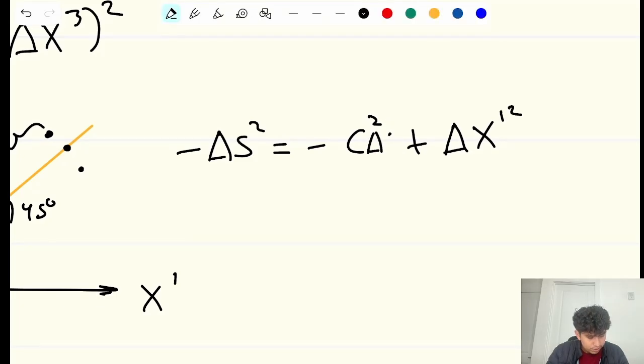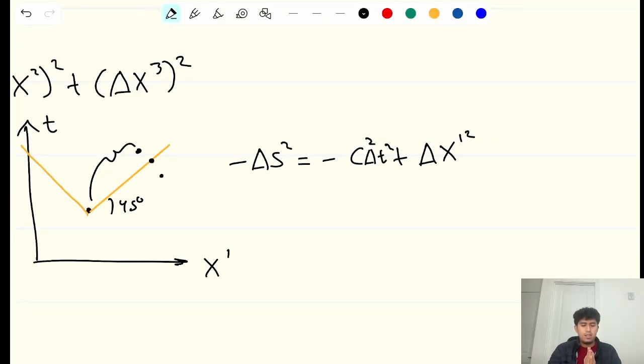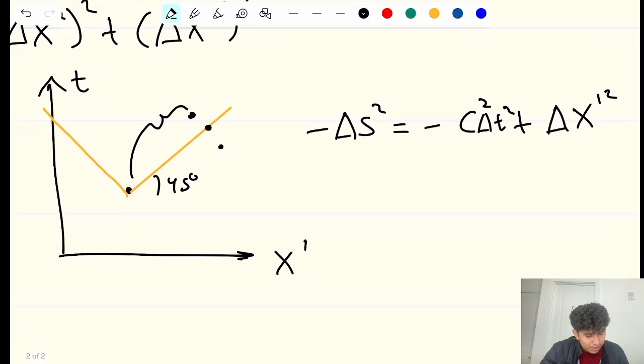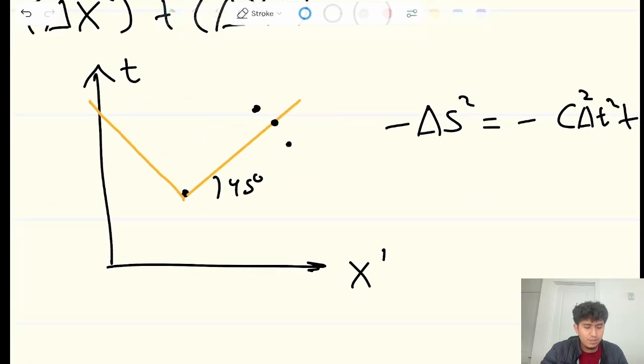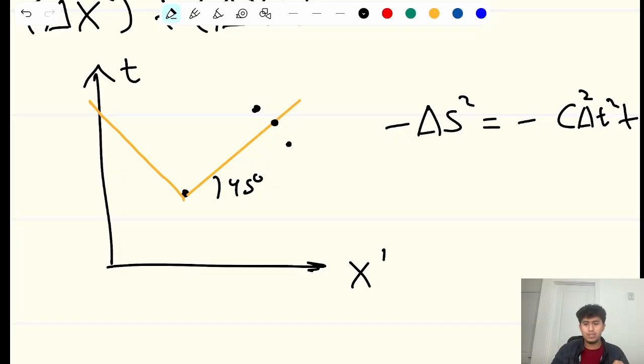And there should be a delta here. Okay, so let me show you something. For time-like vectors, this means just doing this and this. By that I mean you have some event that happens at a time, you wait, and something else happens at the same position.